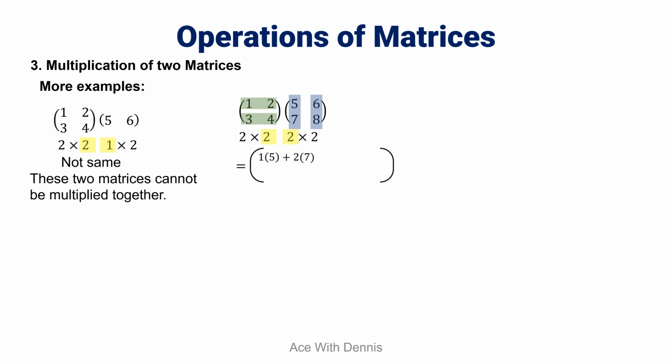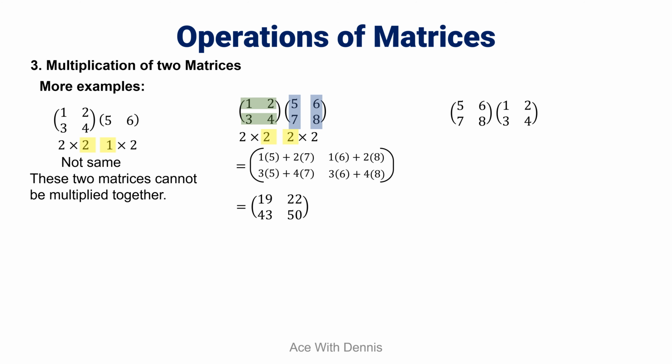The next element for the product will be 1 times 6 plus 2 times 8. The third element of the product will be 3 times 5 plus 4 times 7, and the last element for the product will be 3 times 6 plus 4 times 8. Then we calculate everything together. We have 19, 22, 43, and 50. So this is the product of the matrices with the order of 2 times 2.